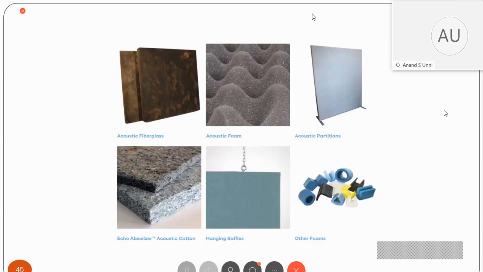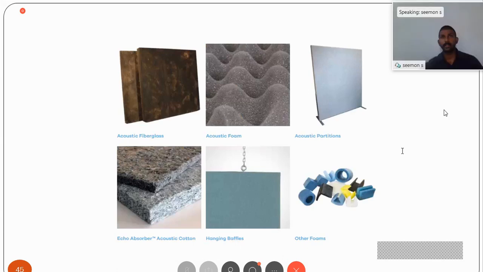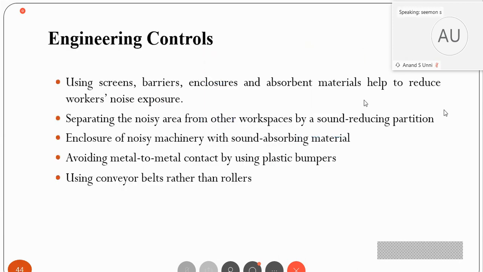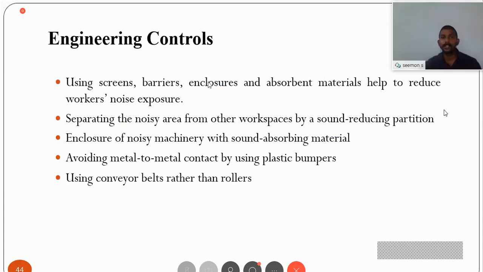First question, how can we control or reduce continuous noise? Here you can use engineering control measures, like barriers or screens. That is the first way. If it is not possible, then we can go for personal protective equipment.